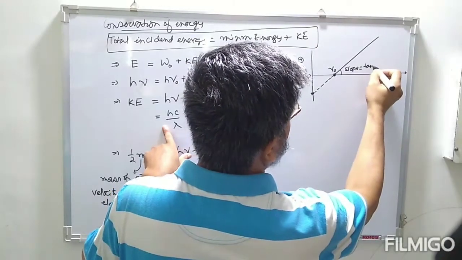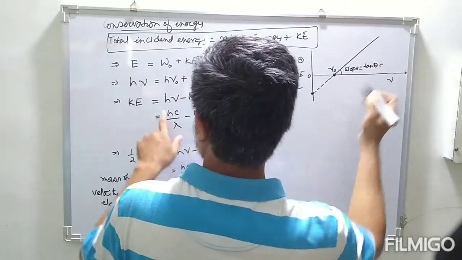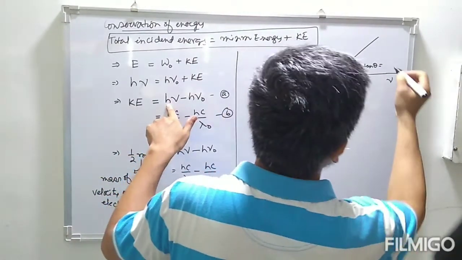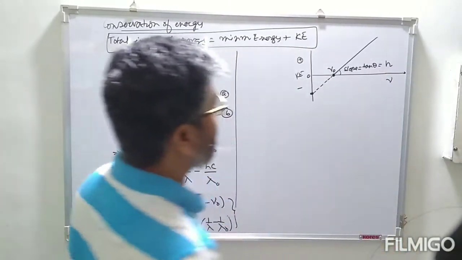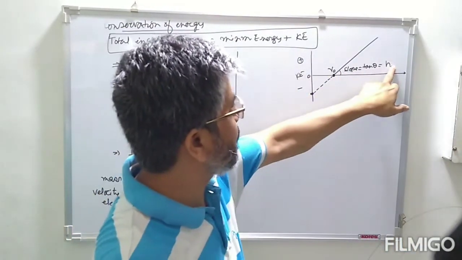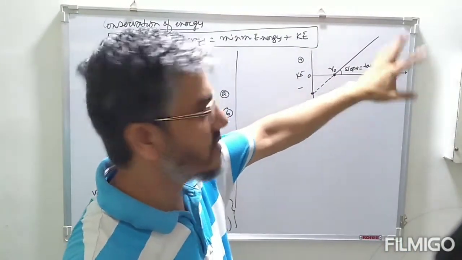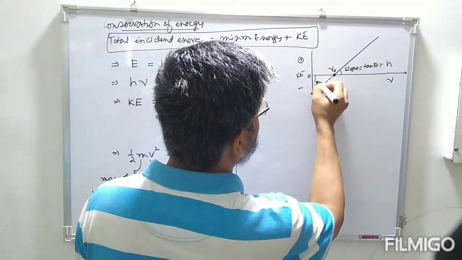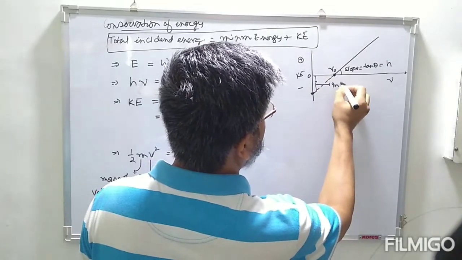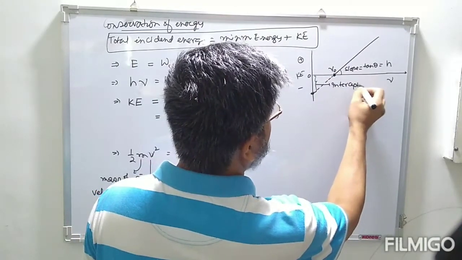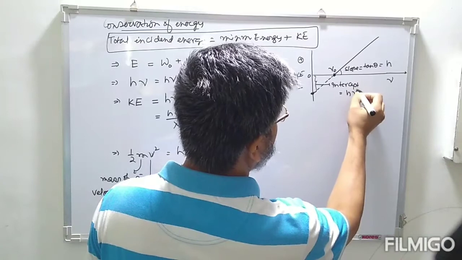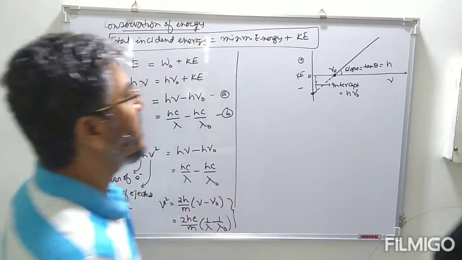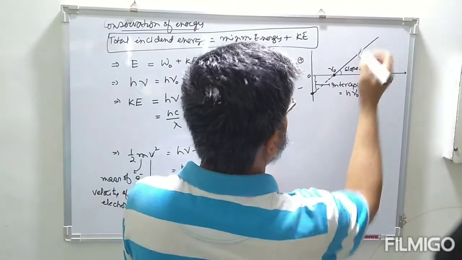Slope is equal to tan theta, which is equal to, from this graph, slope is h. So for this graph, slope is equal to h, that is Planck's constant, and this y-intercept is equal to minus h nu naught. This is for equation A.